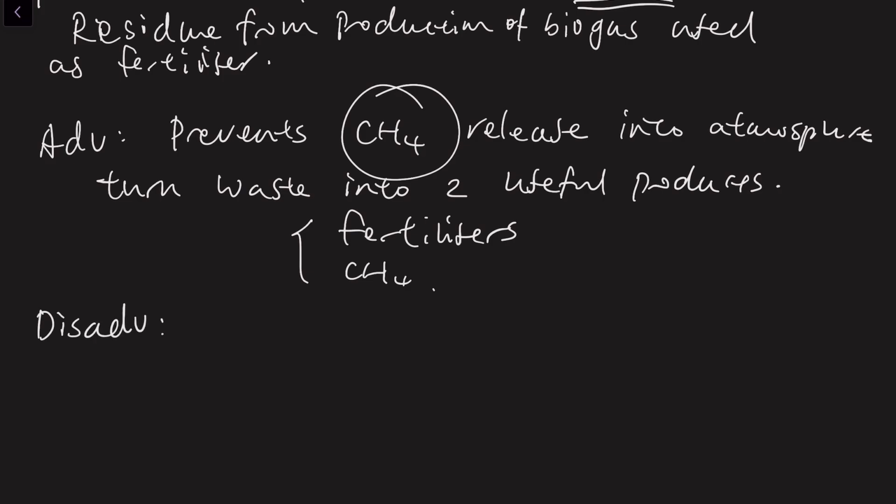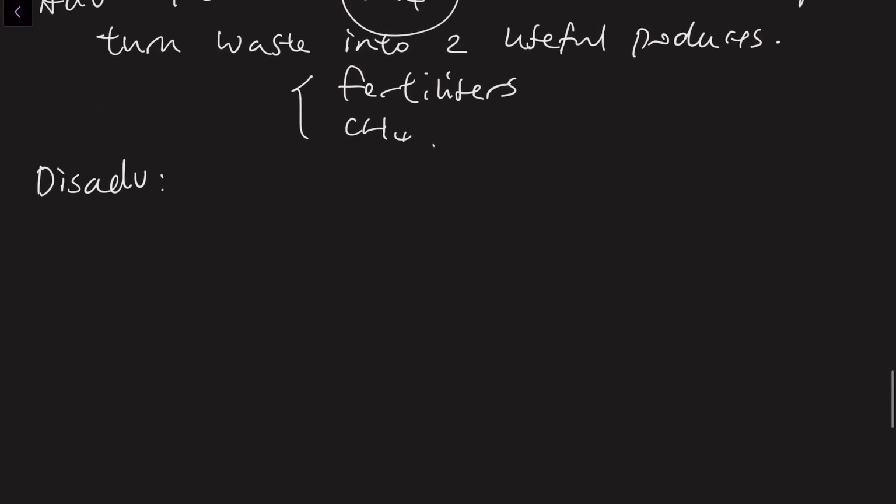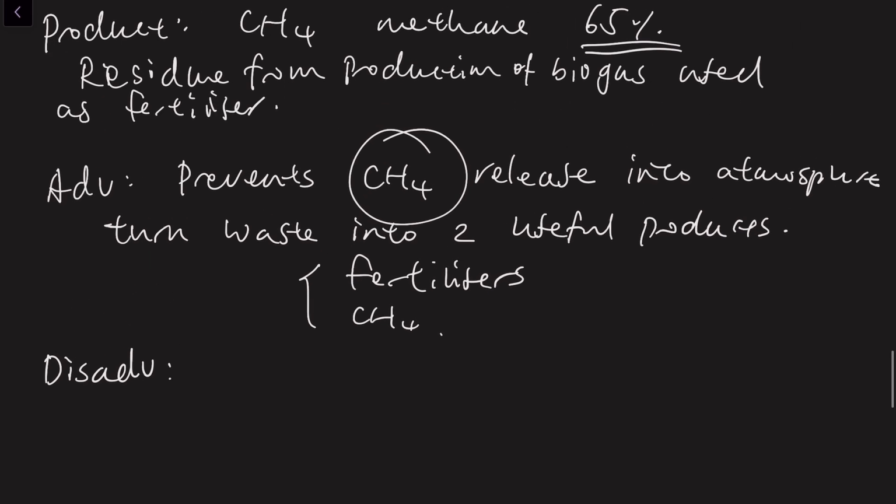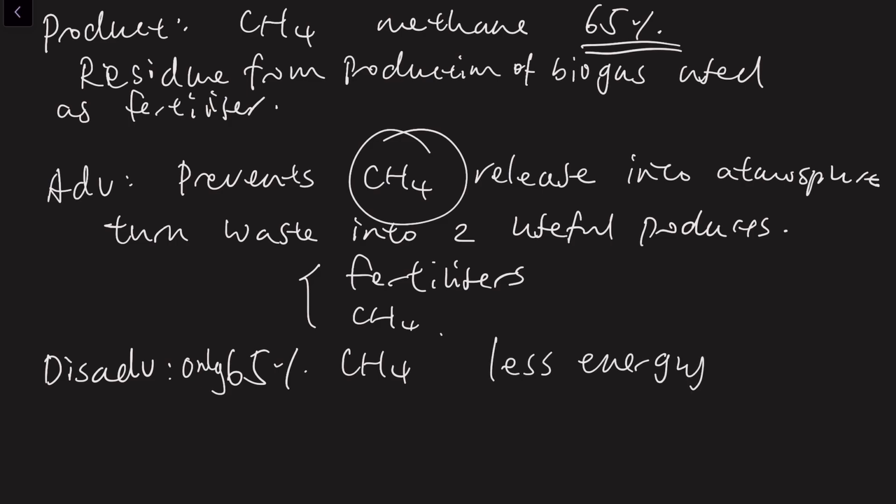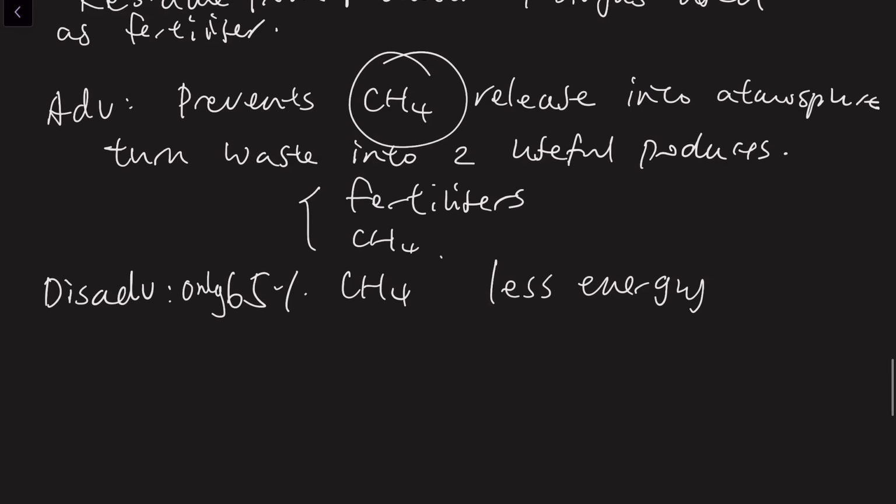Well, it also has its own disadvantages. So only 65% is actually methane, which is what we are looking for. So it has less energy when we're doing the combustion reaction. It is not pure.